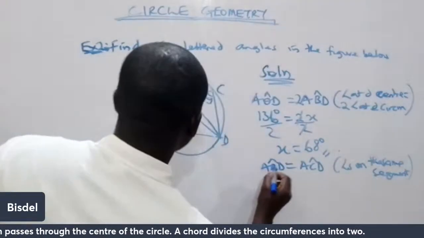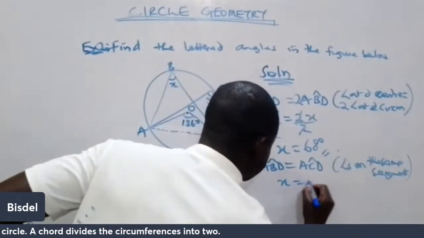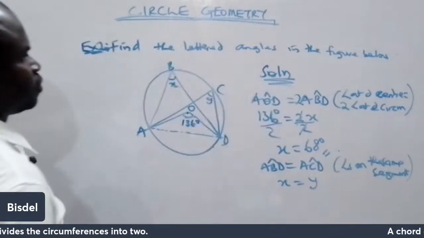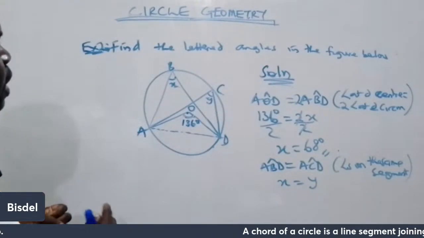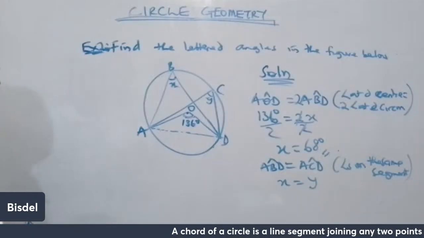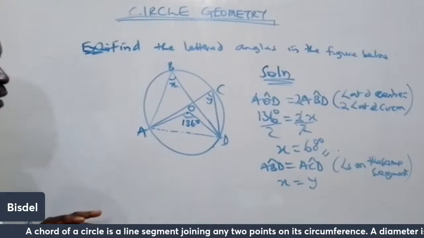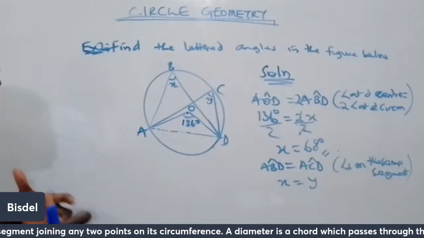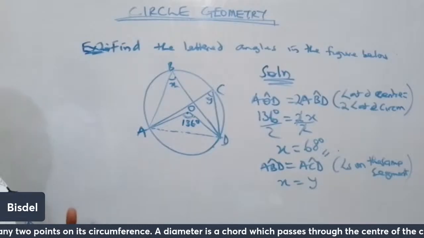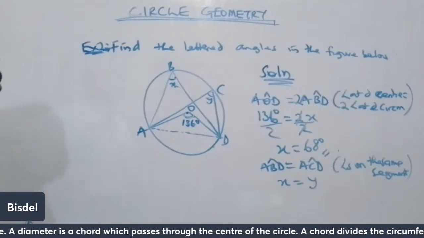Angle ABD is X, so X is equal to Y. So we have been able to find the values of X and Y with the knowledge of theorem 2 and theorem 3. We can actually use all these theorems together. We can apply about 4 or 5 theorems in a particular question. It's our ability to recognize the problem and think fast on how to approach it.